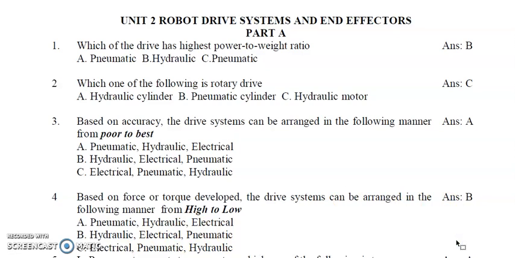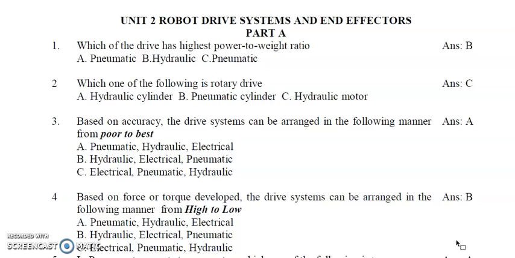Third, based on accuracy, the drive systems can be arranged in the following manner from poor to best. A. Pneumatic, hydraulic, electrical. B. Hydraulic, electrical, pneumatic. C. Electrical, pneumatic and hydraulic.